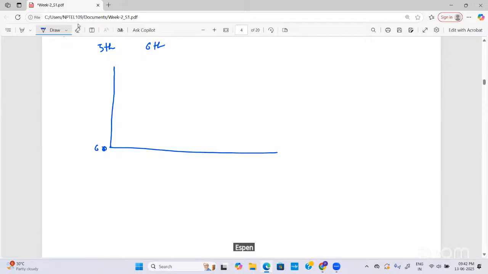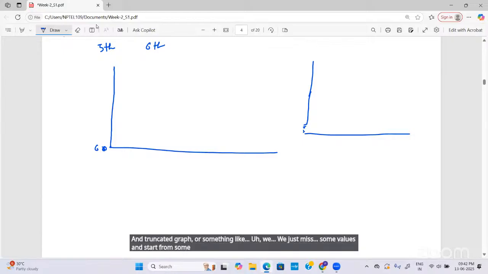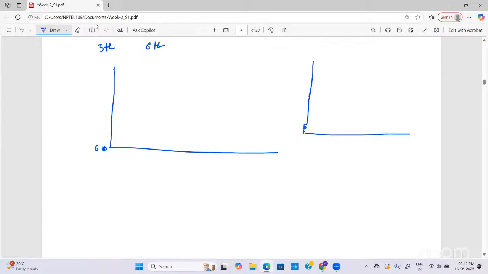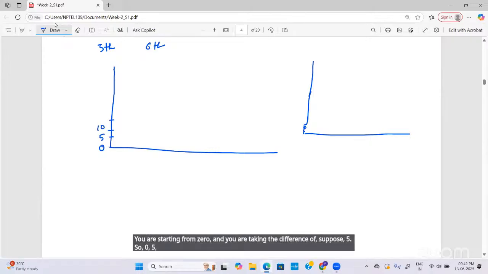And a truncated graph is one where we just miss some values and start from other values. Suppose you start from 0 and take a difference of 5: 0, 5, 10, 15, 20, something like this.